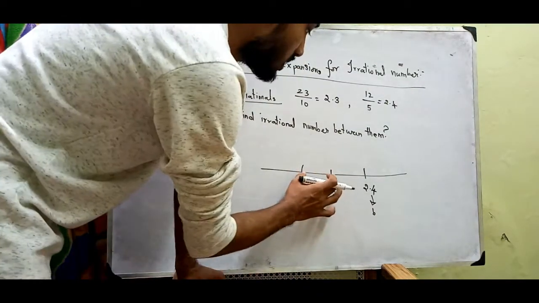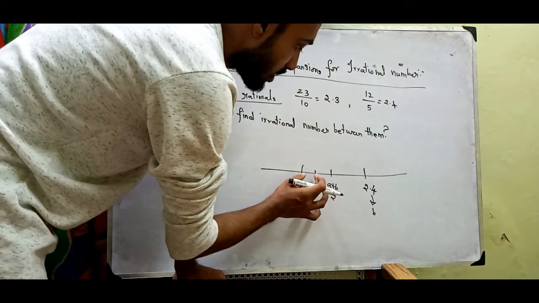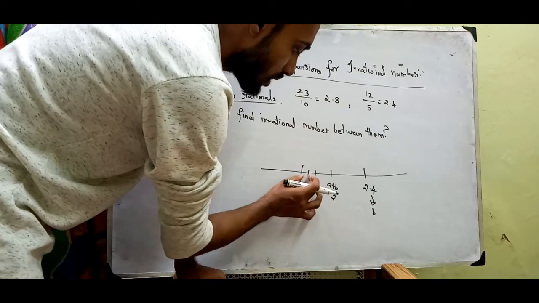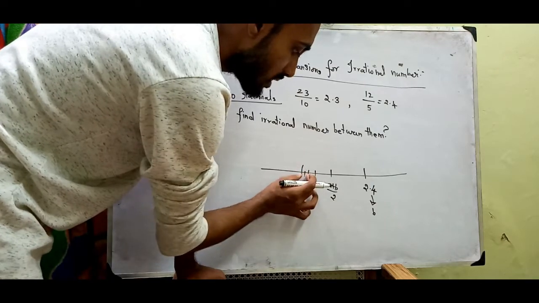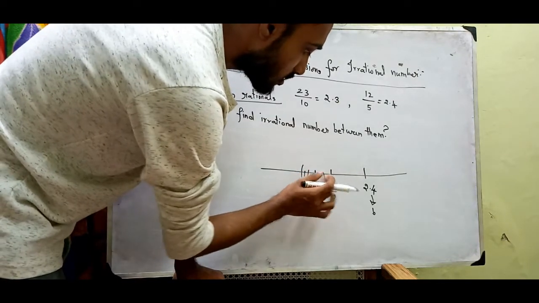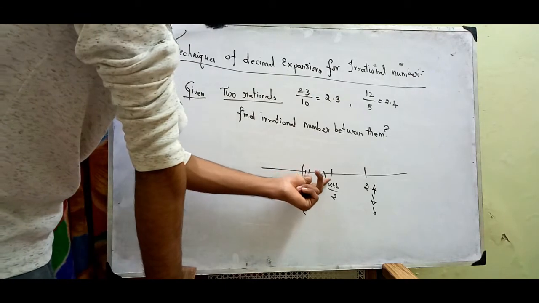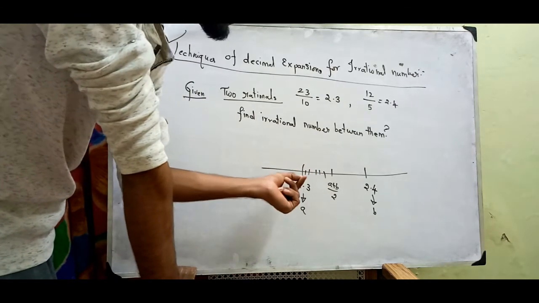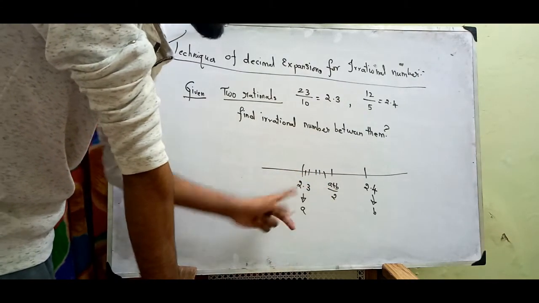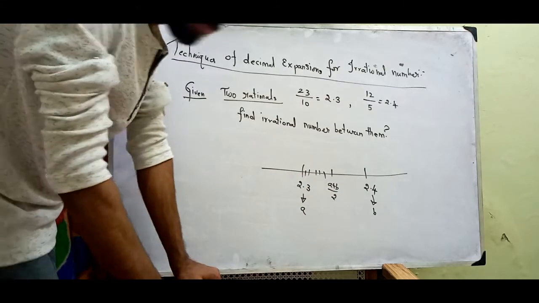If I take these two numbers, there will be something here in the middle. If I take these two, it will be here. Like that, we can get as many rationals as possible between 2.3 and 2.4.